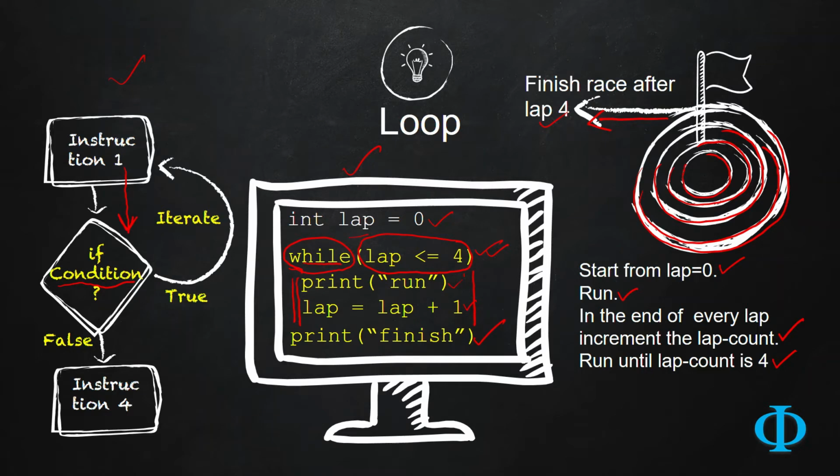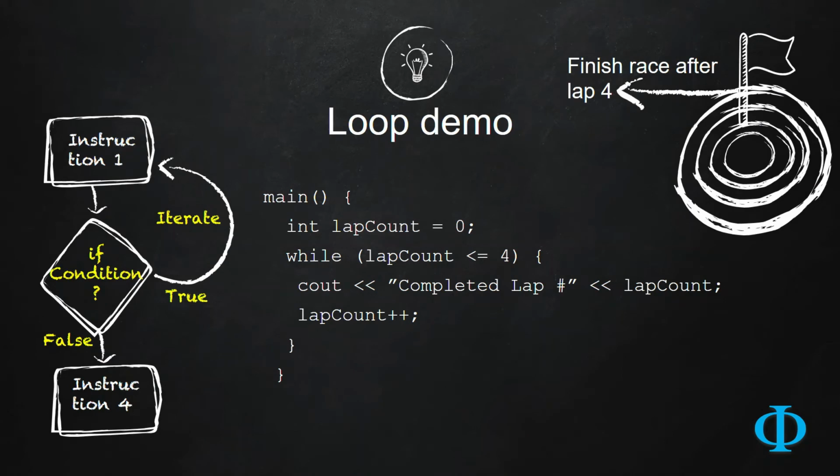So this is the algorithmic version, and if we convert this exact algorithm to C++, it looks something like this. Here also, in the same way, I have initialized a variable lap count to 0, and as I have mentioned, the until in C++ is depicted with the keyword called while.